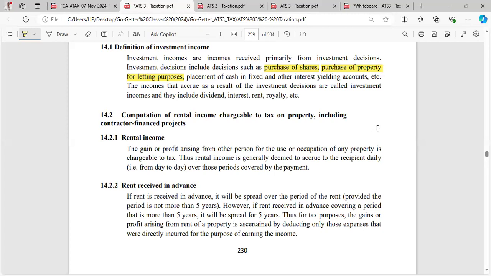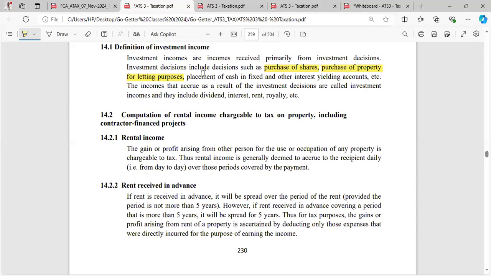When you are a landlord of a building and people pay you rent, it is for letting purposes. So you receive income, and this income is investment income.